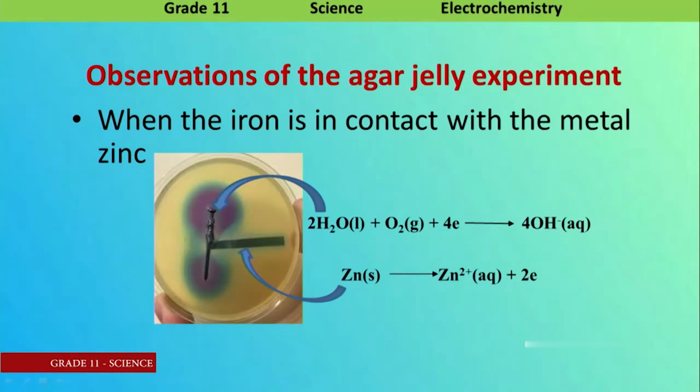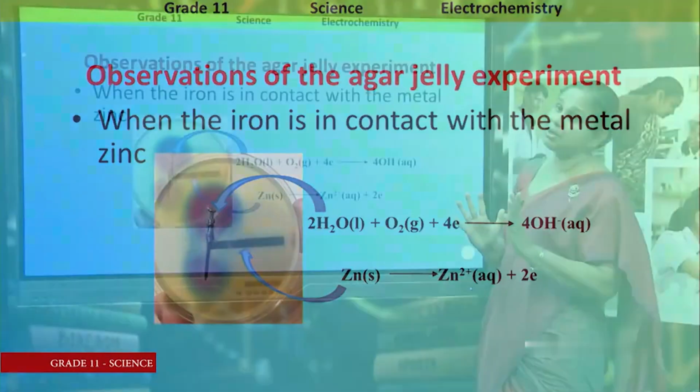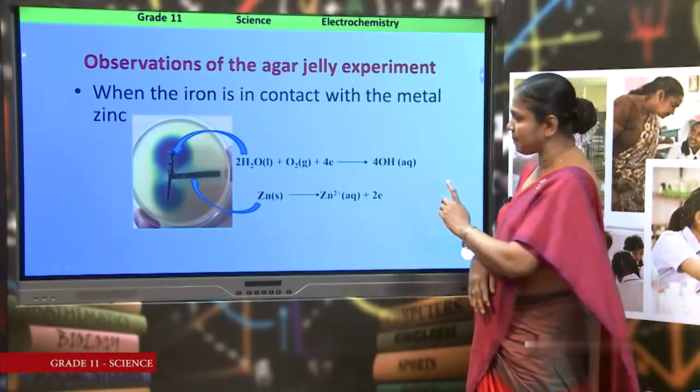That means instead of iron being oxidized, zinc metal is oxidized, and zinc sacrifices itself to protect iron from rusting. When zinc is oxidized, iron doesn't oxidize; iron becomes the cathode and gets protected from rusting.